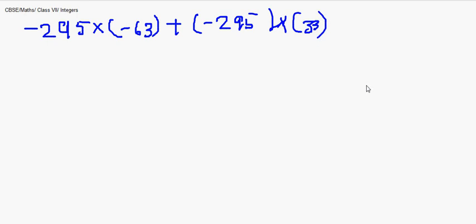How do we do this question? If you recall, in the previous video we learnt about the distributive property, right? So the distributive property will be applied as minus 295 and in the bracket it will be minus 63 plus 33.